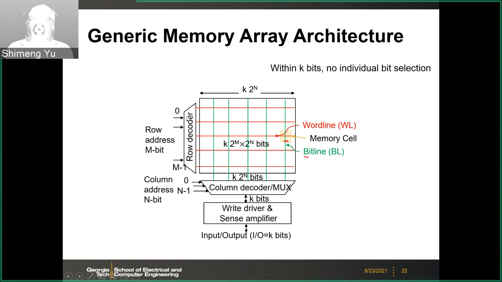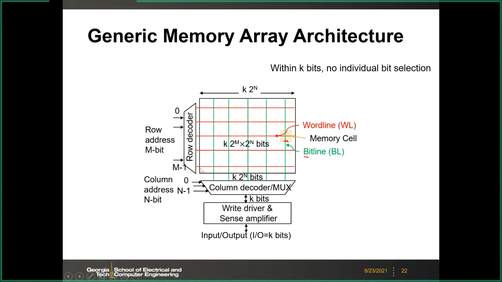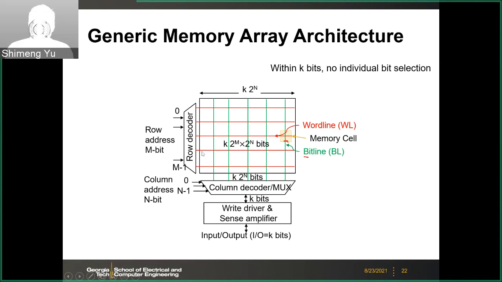And then the peripheral circuits, typically you have the row decoder. This is the row address, like m bits. Then you need to decode that into 2 to the power m rows. So for example, with a 10-bit row address, you will translate that to 1024 rows.